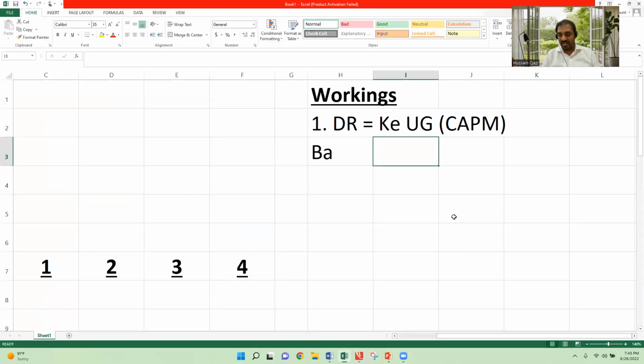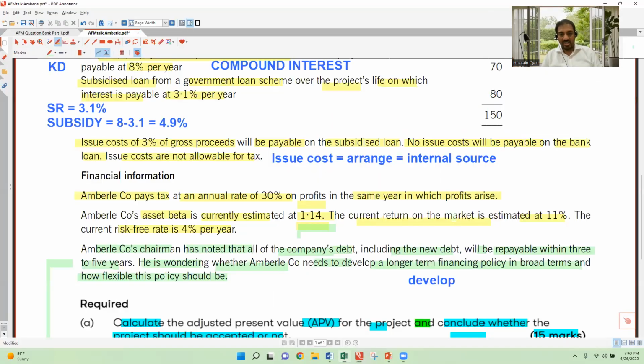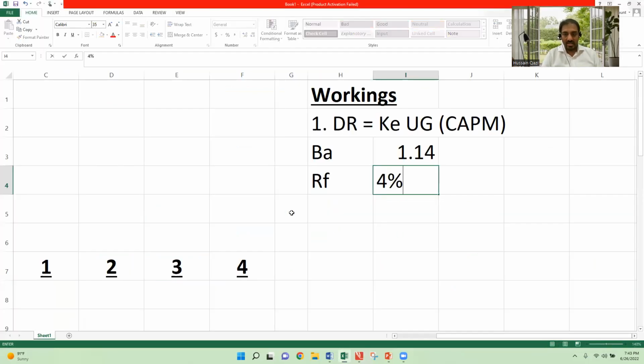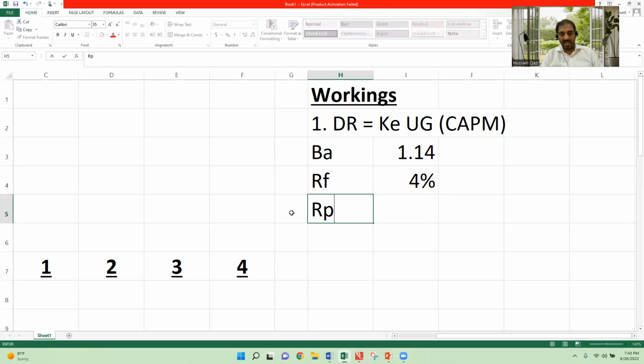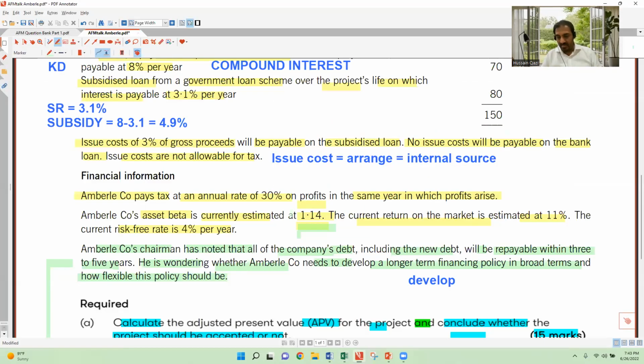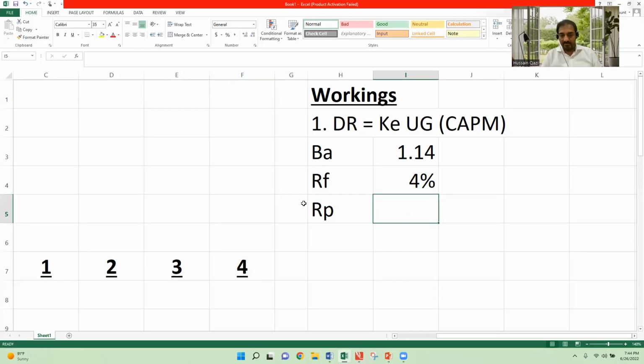It's simple, 1.14. RF is equal to 4%, and the risk premium, that is RM minus RF. So 11% minus 4%, that is 7%.